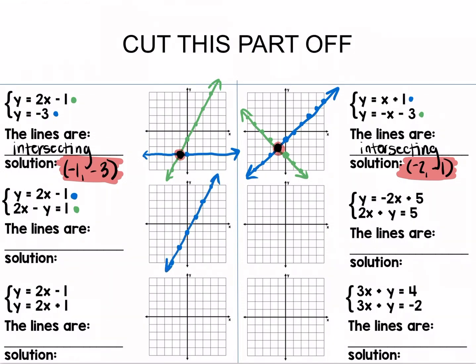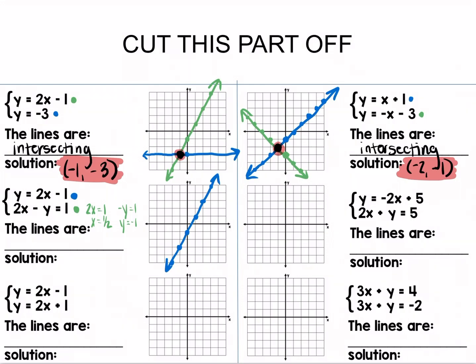Okay, now I have this other line, 2x minus y equals 1. Now, is this one going to be super helpful to graph in standard form? Not necessarily. You can. If you did, it would be 2x equals 1 and -y equals 1, so x is 1/2 and y is -1.